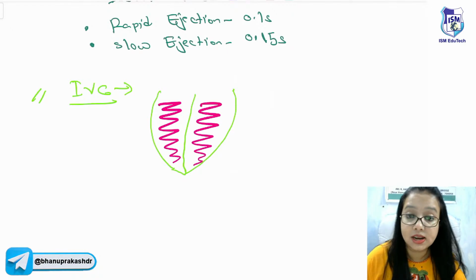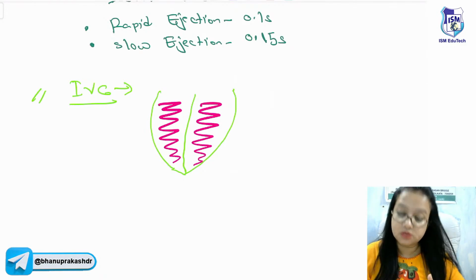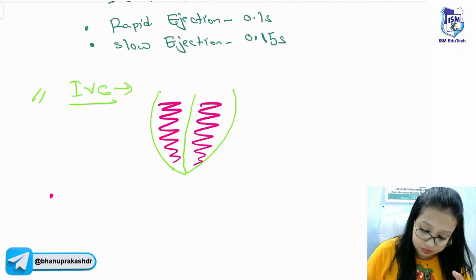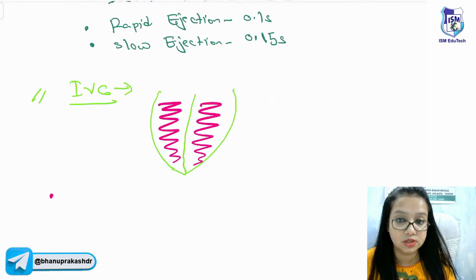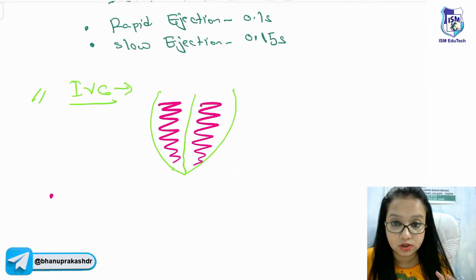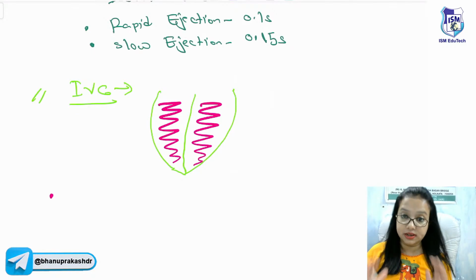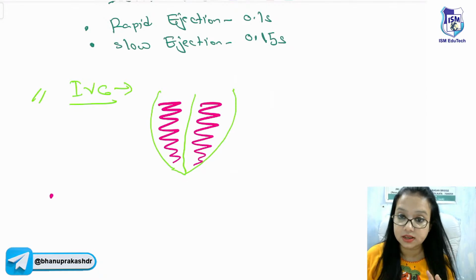Okay. That is the end diastolic volume. Now, when this is filled with blood, the process of ejection has to start. Now, again, think, what does the ventricle have to pump out? The ventricle is pumping out liquid. It is pumping out blood.